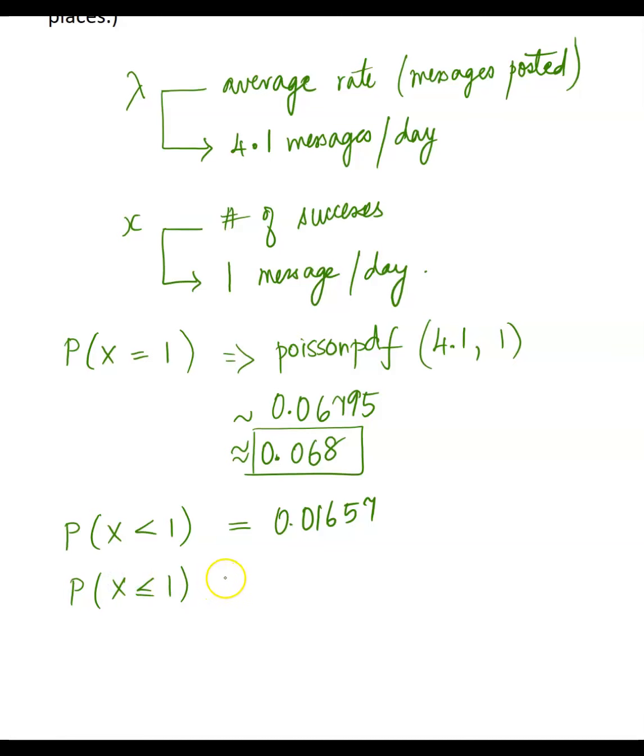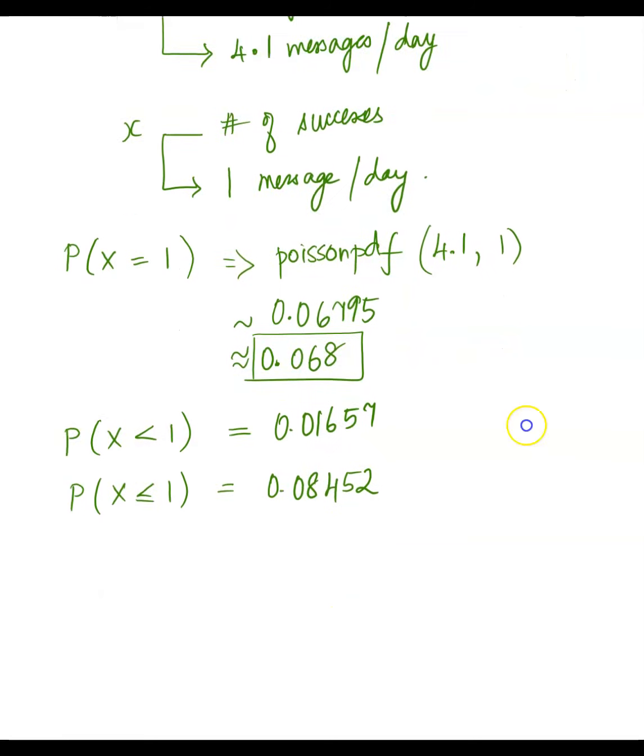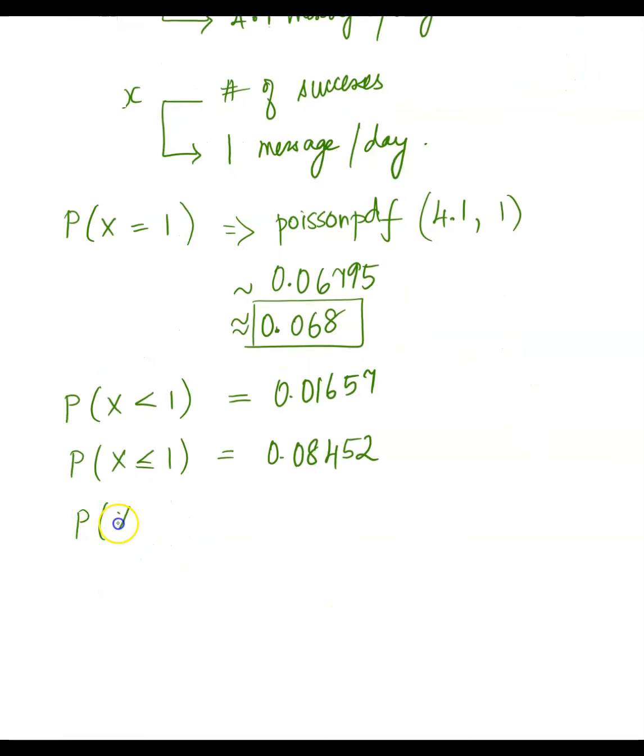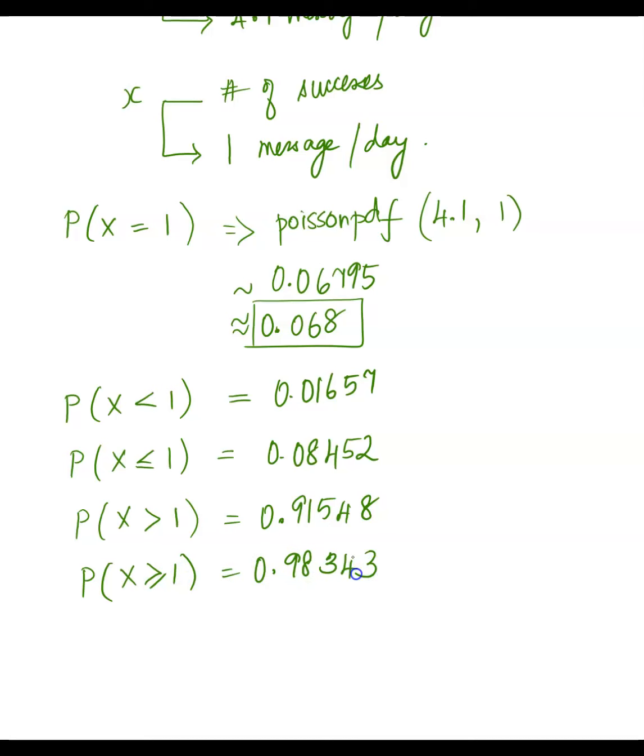Less than or equal to 1, 0.08452. X greater than 1, 0.98343. So I hope you'll enjoy these exercises, and hopefully be able to figure out all the correct operations for these.